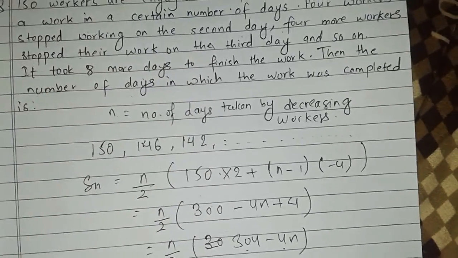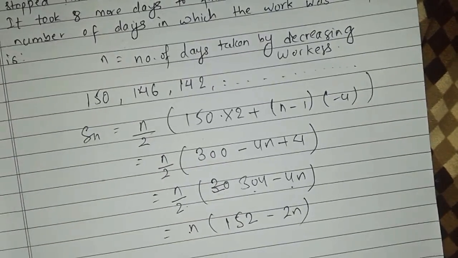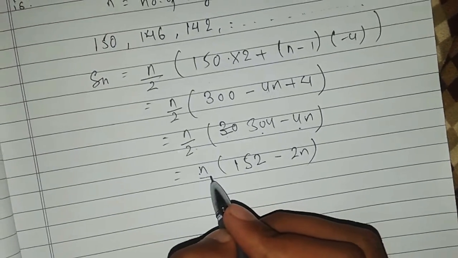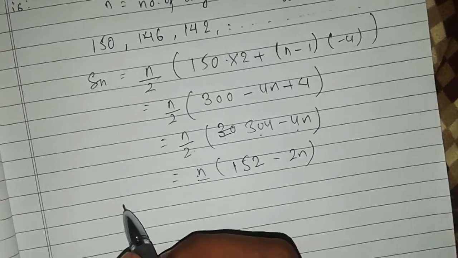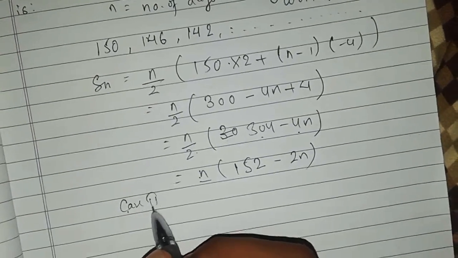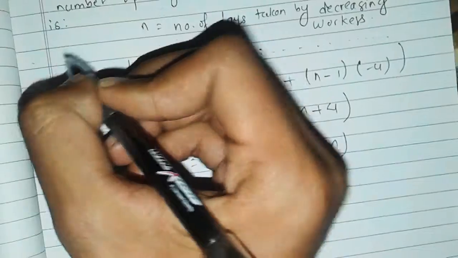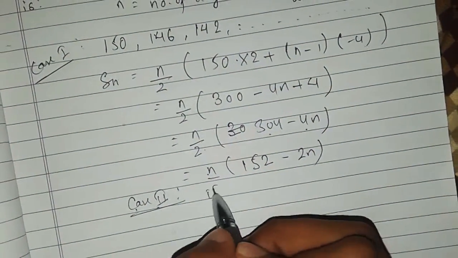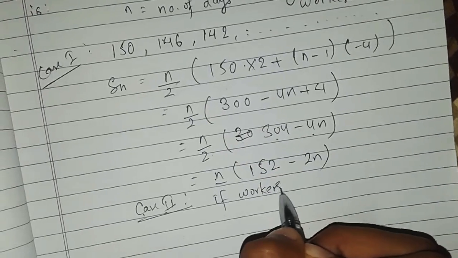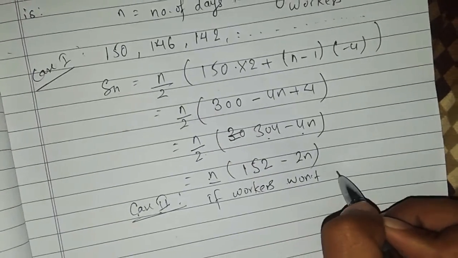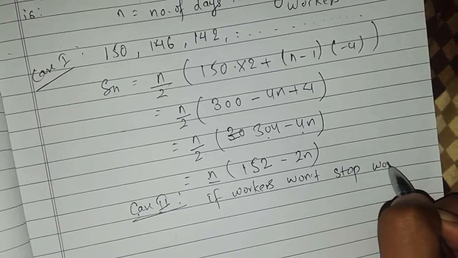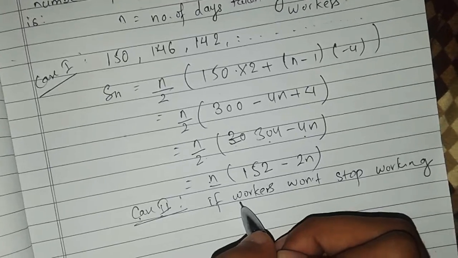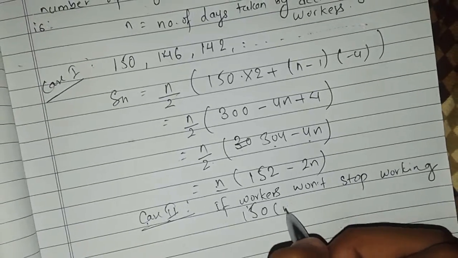Now if the number of workers are decreasing, then when will they complete? Let me write case II. This is case I. So if workers won't stop working, then the work would have been completed in n minus 8 days at 150 workers.